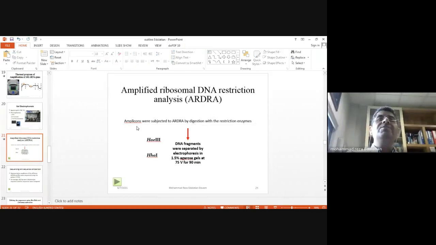In ARDRA, as you can see, amplicons were subjected to digestion with restriction enzymes, here two popular and known enzymes, HinfI and HhaI, which are used for lactic acid bacteria. DNA fragments were separated by electrophoresis in 1.5% agarose gels at 75 volts for 90 minutes.